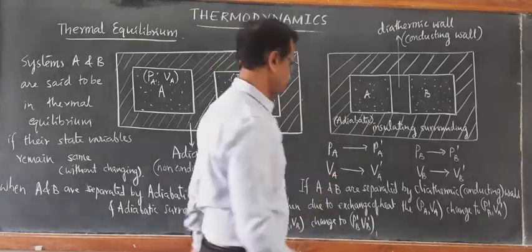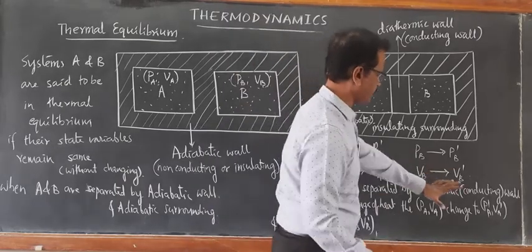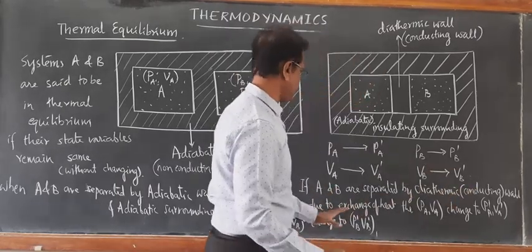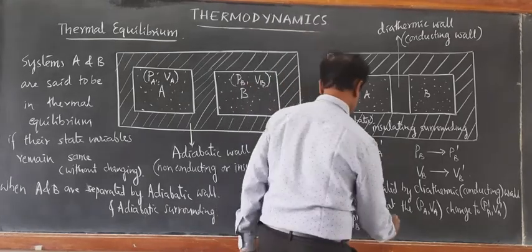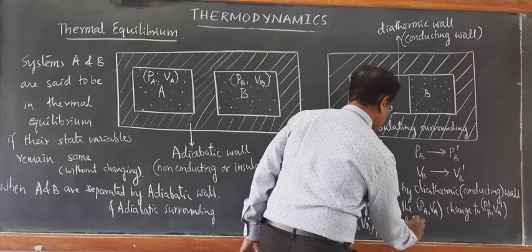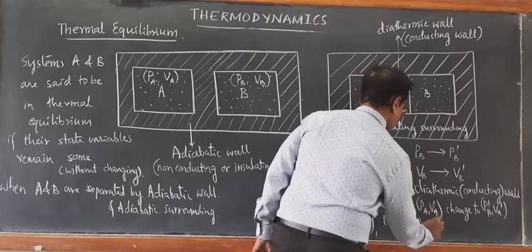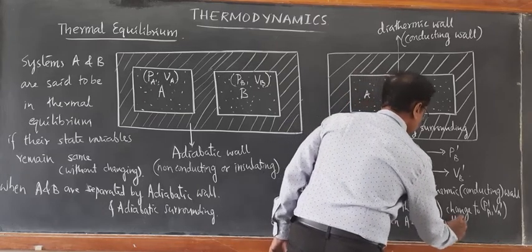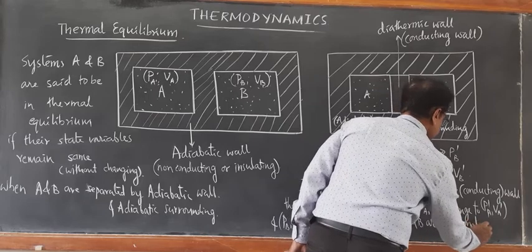And then if they remain the same, PA dash, VA dash and PB dash, VB dash, then A and B are in thermal equilibrium.